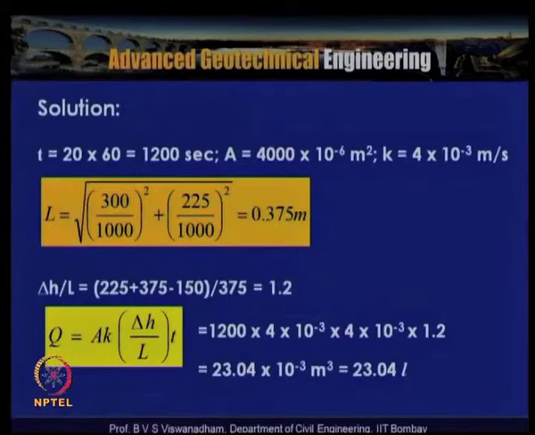So that is given as A, which is nothing but 4000 into 10 to the power minus 6 meter square, the permeability which is given as 4 into 10 to the power minus 3 meter per second, the hydraulic gradient is 1.2, and time 1200 seconds. So with that it works out to be 23.04 into 10 to the power minus 3 meter cube, which is nothing but about 23.04 liters.